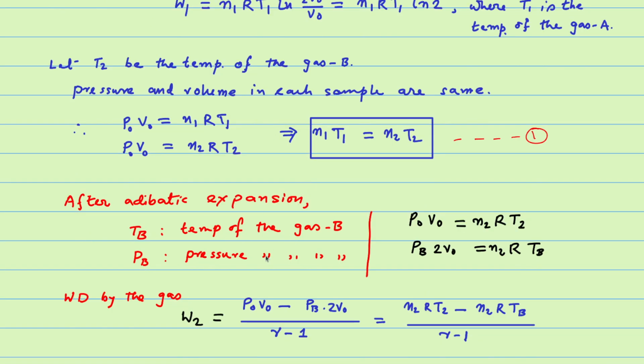After adiabatic expansion, gas B attains the temperature TB and pressure PB. Therefore, here we assumed everything is an ideal gas.